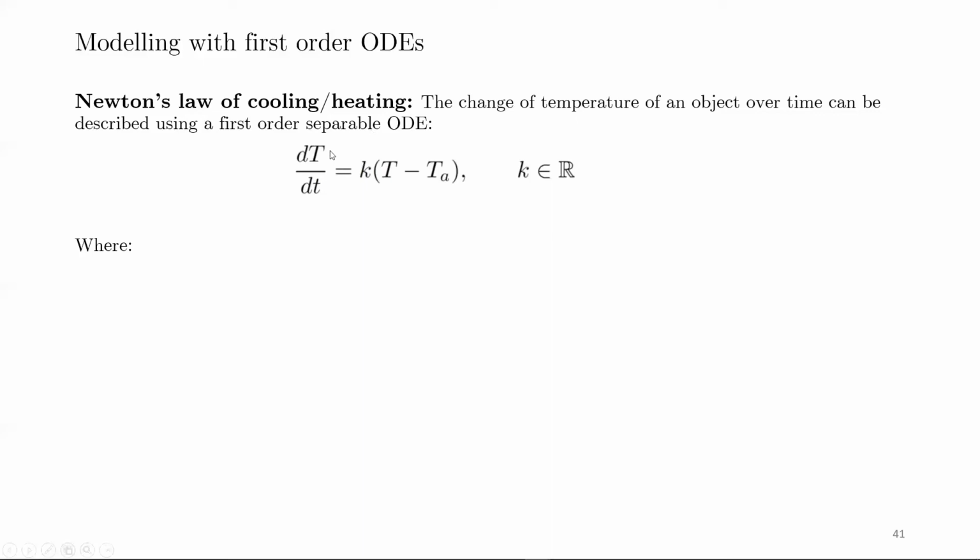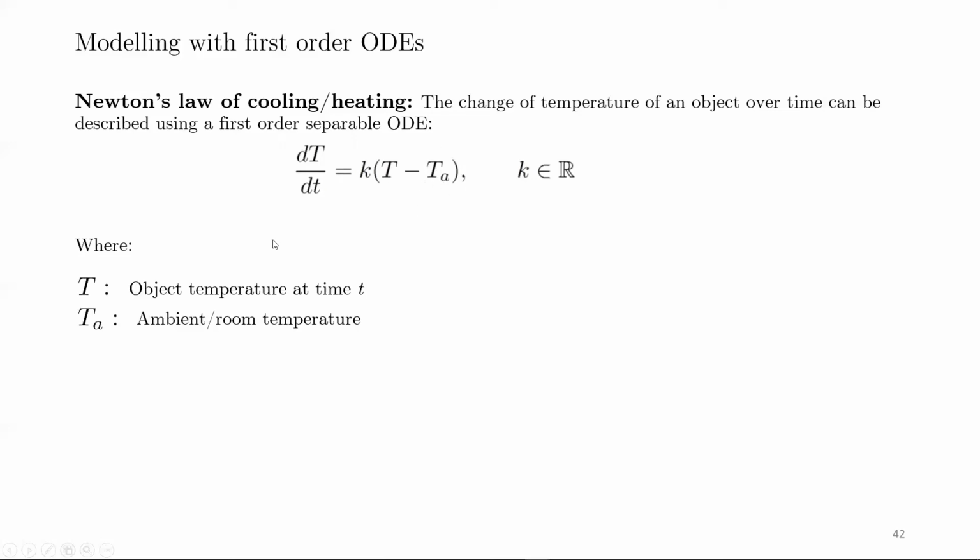The rate of change of temperature T over time is equal to K, where K is some real number, some constant, times the temperature minus this thing T_A.